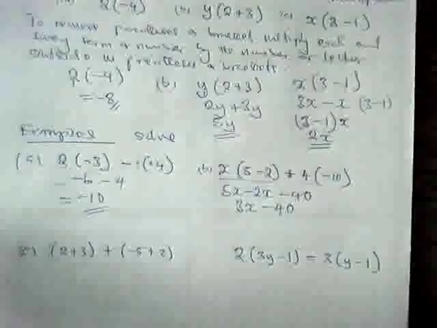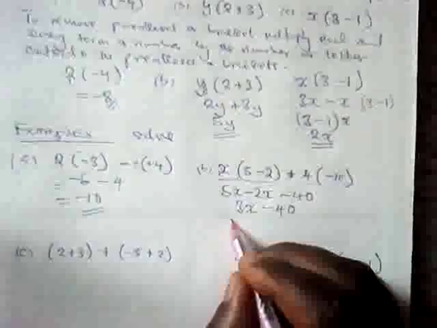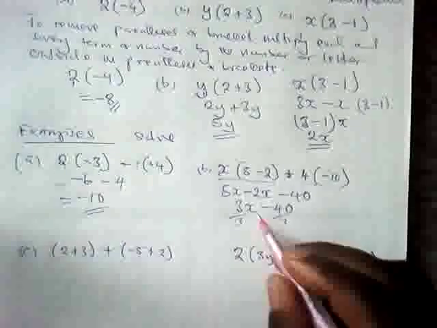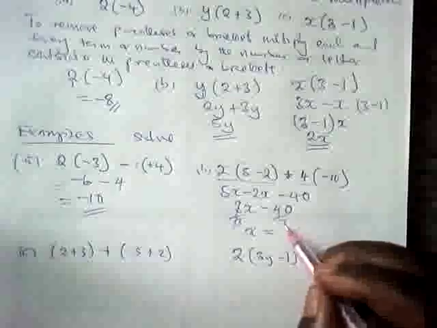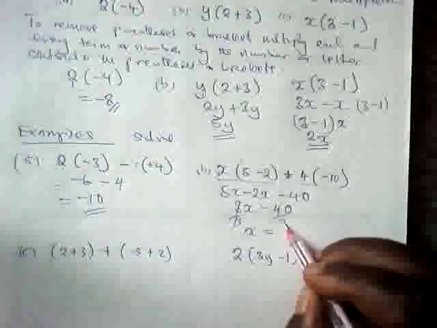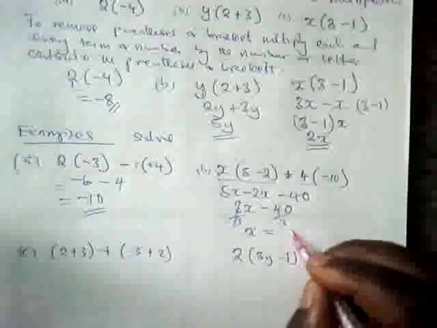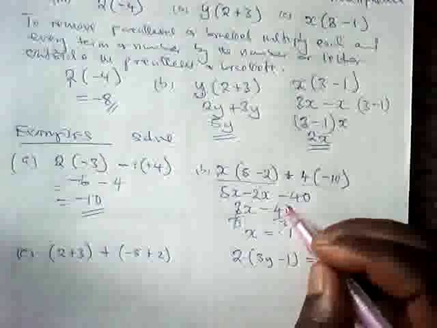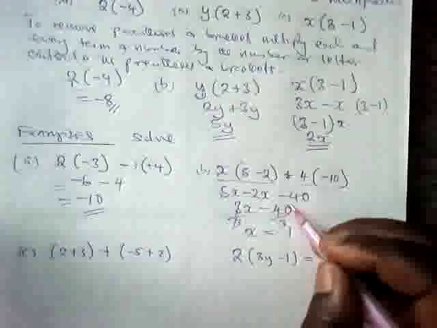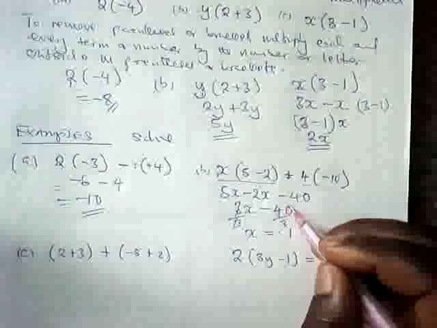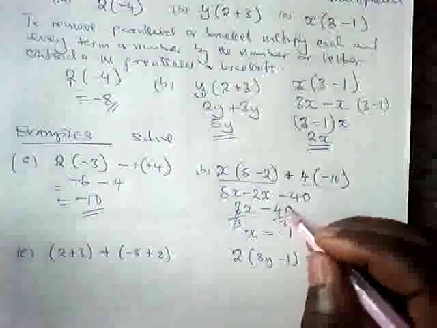Minus 40. So in this case, you can just say over 3. We have x is equal to 3 into 4, that is 1, remainder 1.